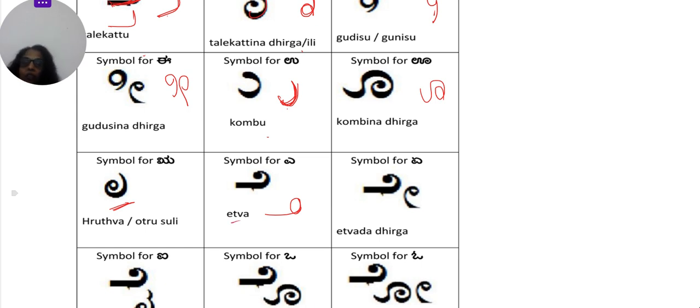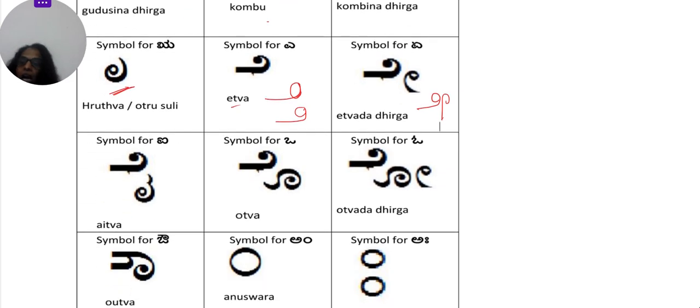So this is Talekattu, but if you take it and curl it inside, then it becomes Etva. Then this is Etvana Dirgha. You do the symbol of E and then add this, then it becomes Etvana Dirgha. Then the next one will be the symbol for Ai. Aitva. So this is the same, you have to write like E and then one more symbol.